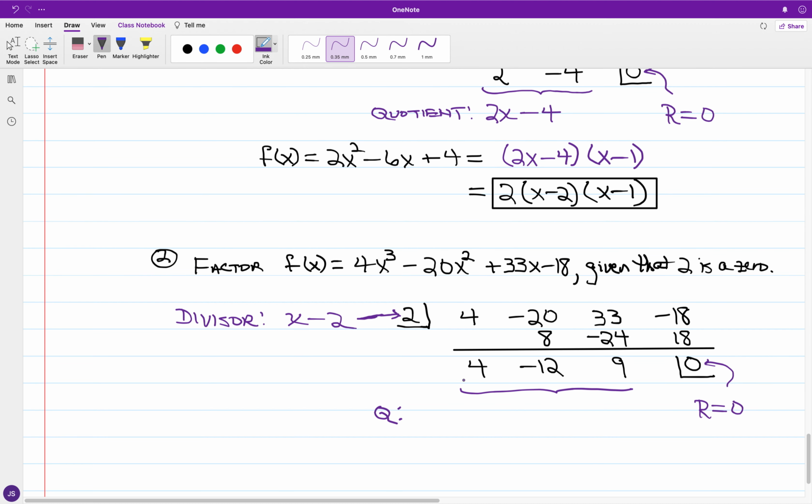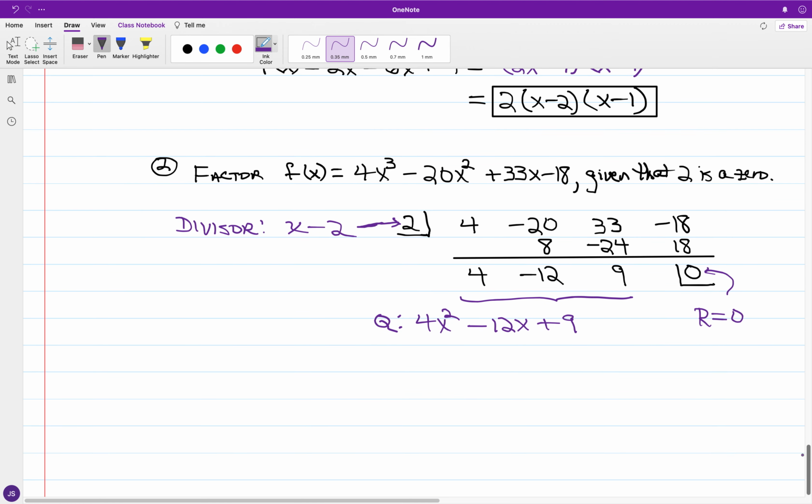And for the quotient, with 4 brought down, it's going to reference this time not 4x cubed, but 4x squared. And then we have minus 12x plus 9.